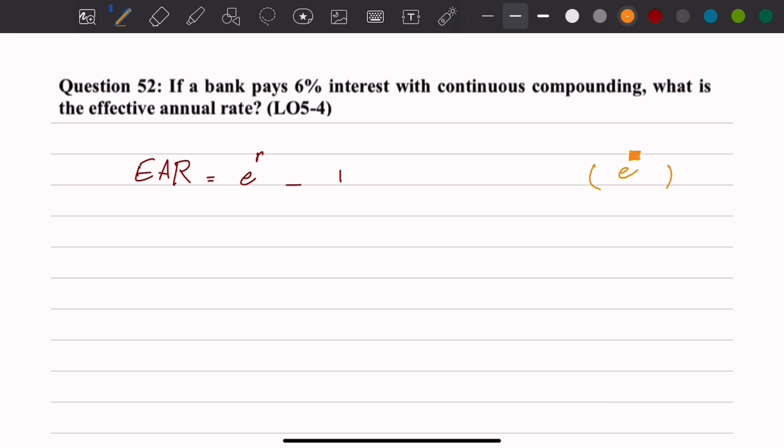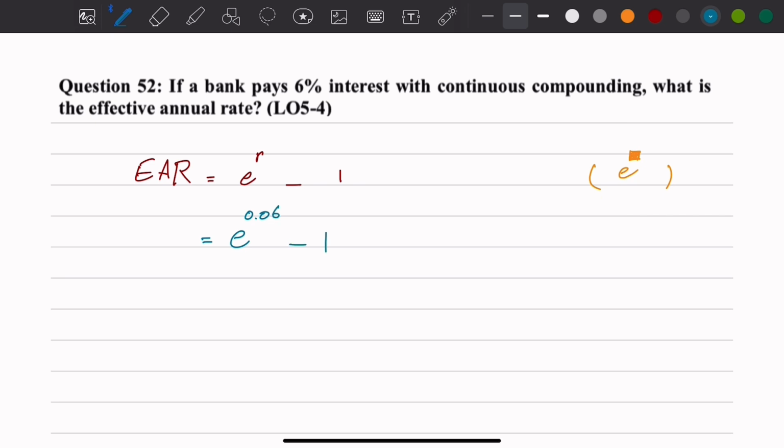If you are using any other calculator, it would be either e to the power of square or e to the power of brackets or something like that. It's Euler's constant.